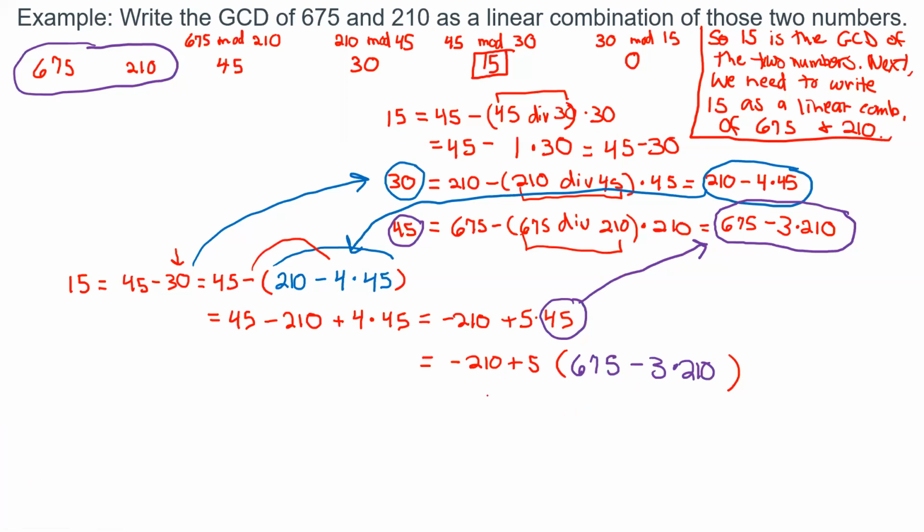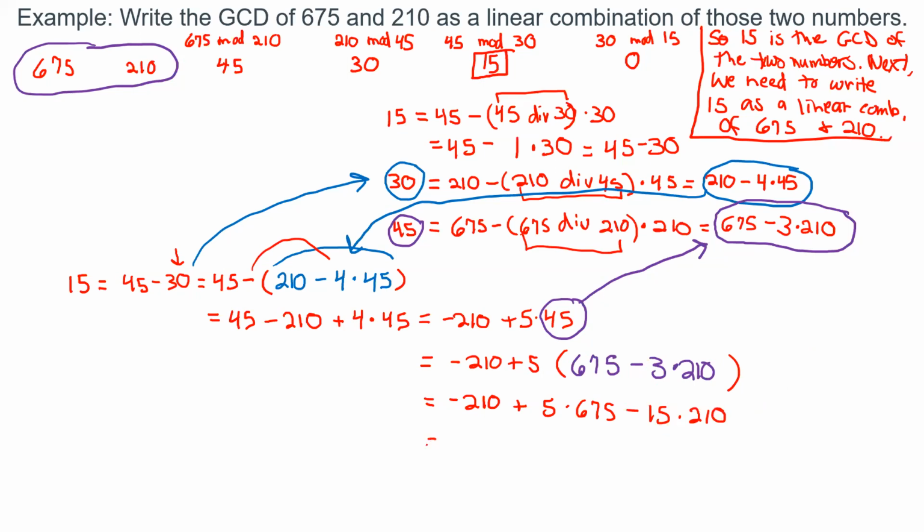Okay, and now again, we'll be careful and distribute this through. So negative 210 plus, I want a 5 times 675, 5 times 675 minus 15 times 210, right? Because 5 times a negative 3 is negative 15 times 210.